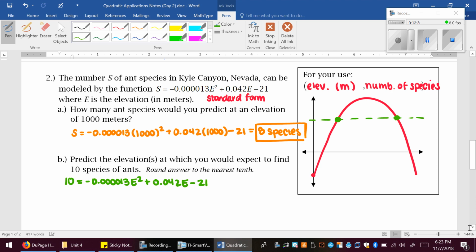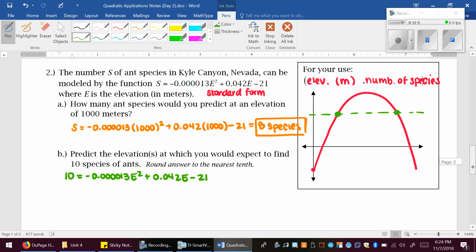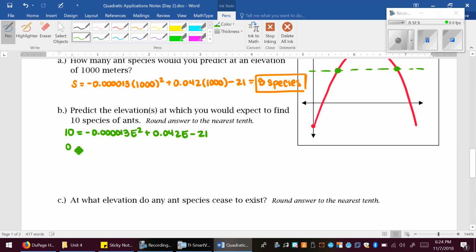There's no way I want to factor this one. We have a lot of decimals here. So I'm going to move the 10 over to the other side and use the quadratic formula.